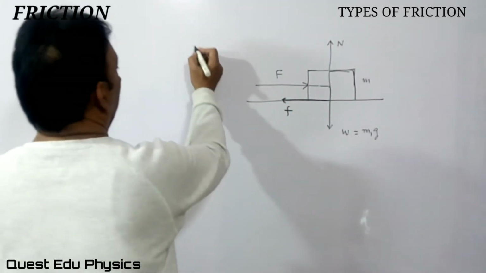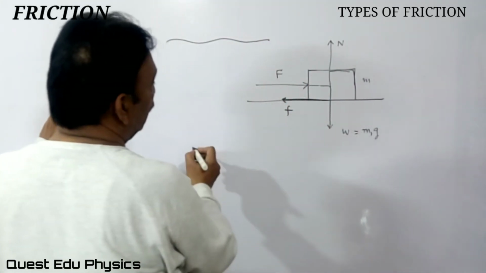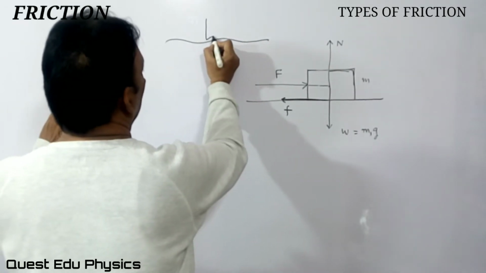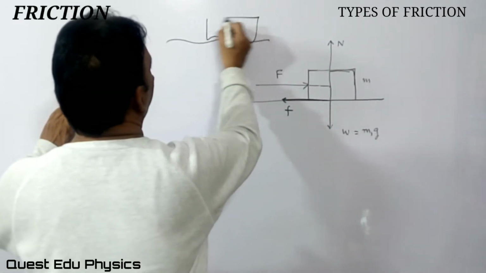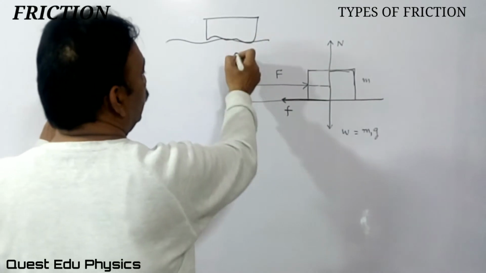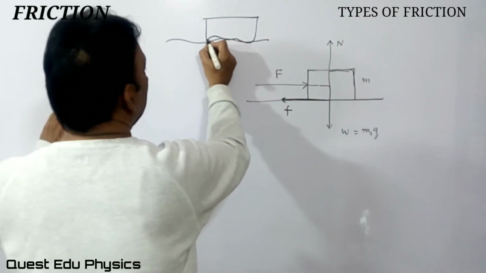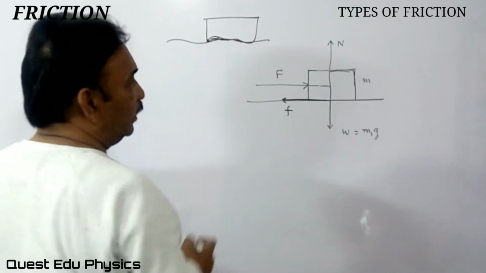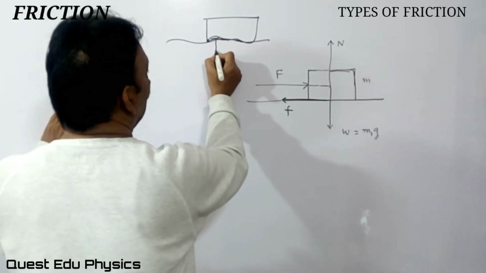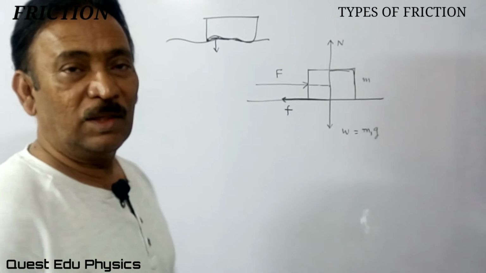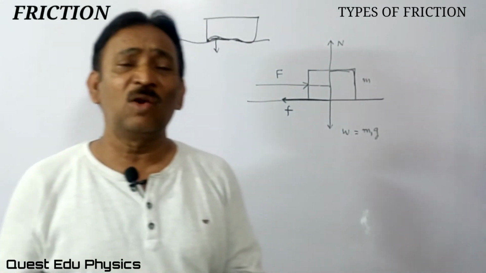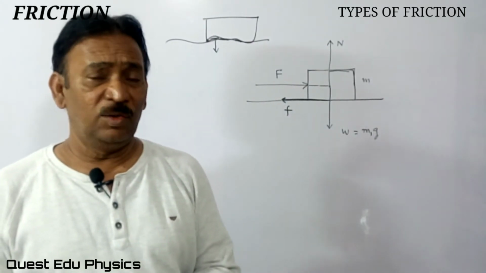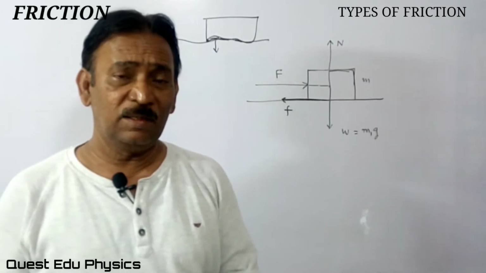Let's say it is one surface, it is irregular. I kept one more, it also has irregularity. When I kept it over, then what happens? These surfaces get interlocked with each other. This interlocking is the cause of friction. The cause of friction is the interlocking of the surfaces due to their irregularities.